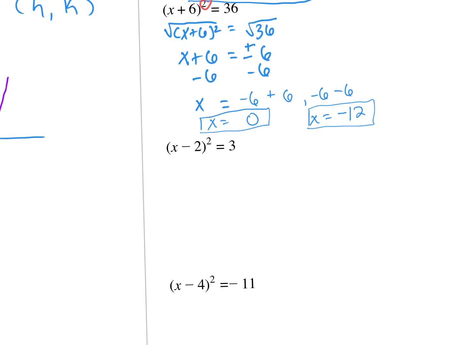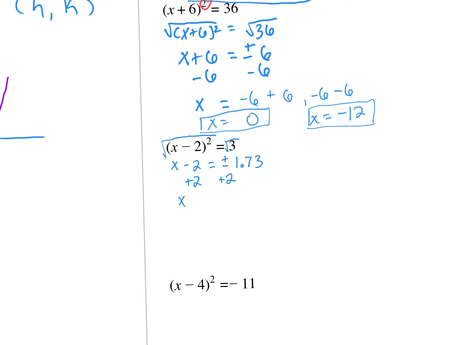Let's try another example. Here we have x minus 2 squared equals 3. I want to find the answer, so I'm going to square root both sides. The square root cancels the squared sign, so it's just going to be x minus 2 equals the square root of 3. I'm going to take the square root of 3 in the calculator, and it is 1.73. So it is plus or minus 1.73. To find x, I'm going to add 2 to both sides.